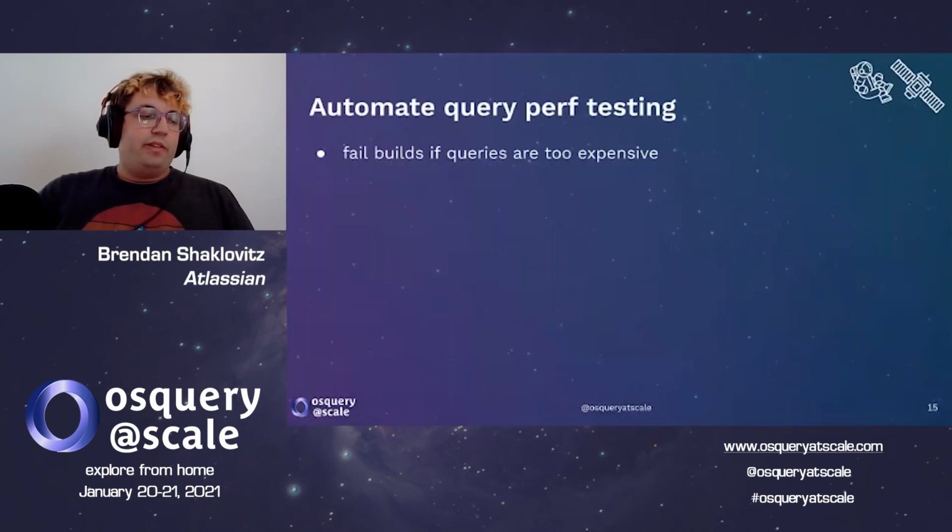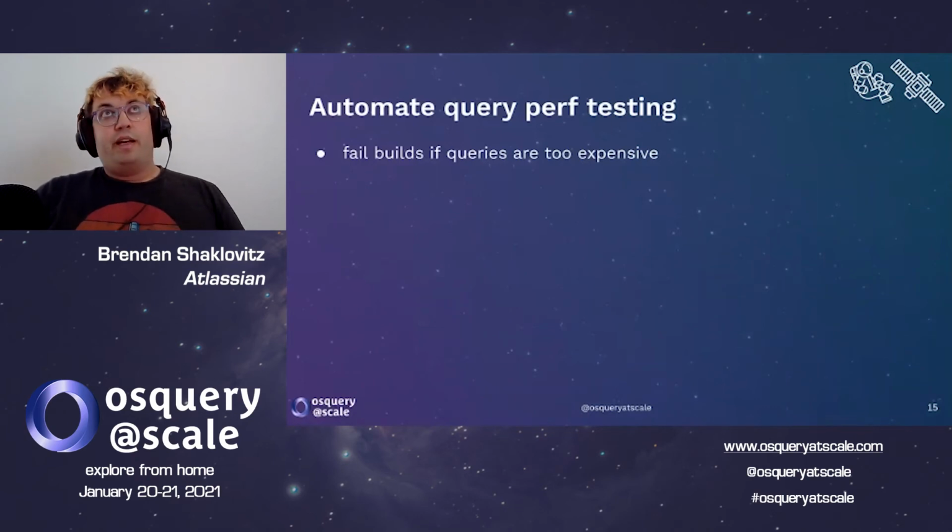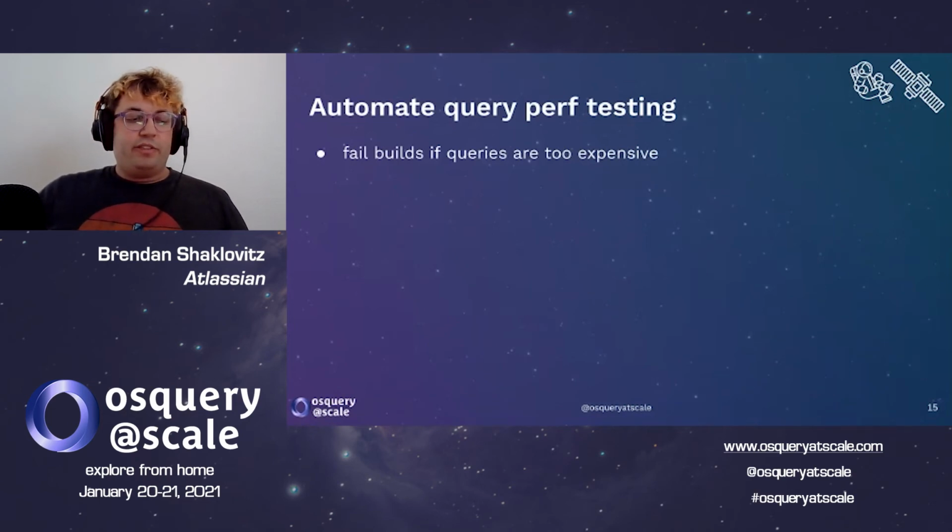The next thing that we started to do this past year was to automate query performance testing. We wanted to fail our CI/CD builds if the queries that we've added in a change are too expensive. We are using Fleet, and it uses specially formatted YAML queries, so it's not the same as the default JSON formatted queries if you're just using the Osquery config.